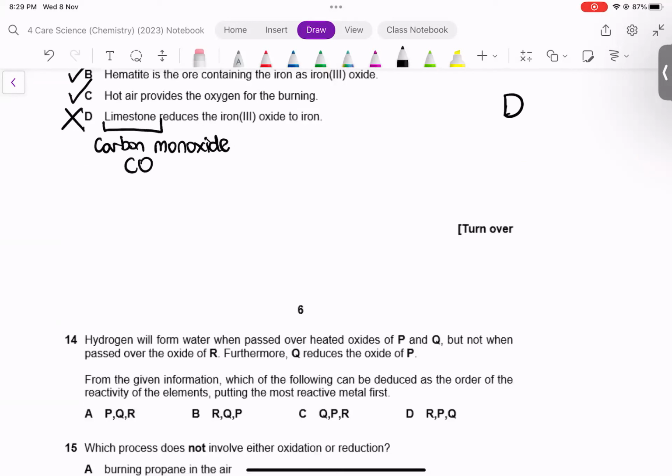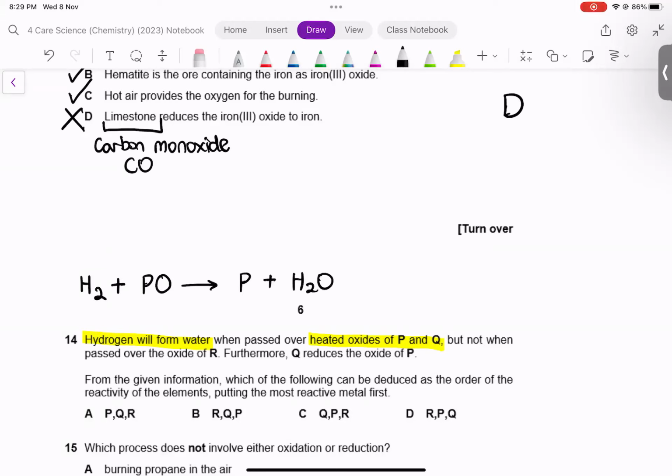Now, question 14, you must know the reaction. Hydrogen will form water when passed over the heated oxides of P and Q. What kind of reaction can this be? So, for example, this is the reaction.